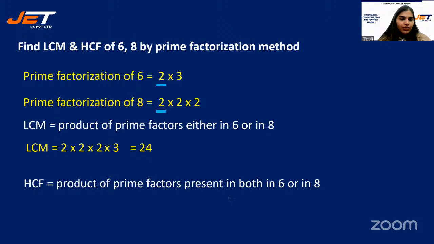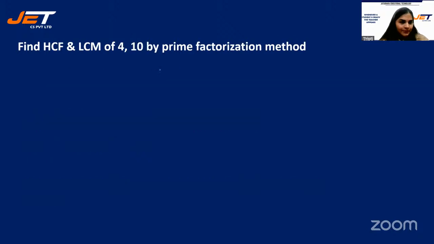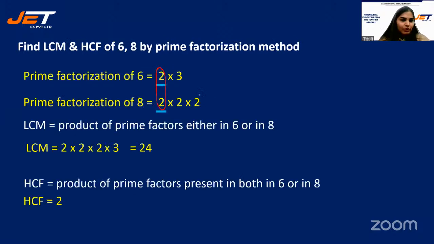So if you look here, I'm making one pair of 2 here. And there is no other pair, so I'll not take it. So that's how you find the HCF and LCM by prime factorization method.